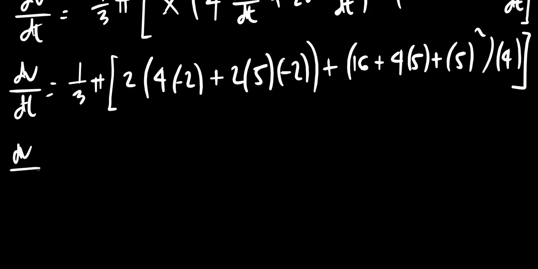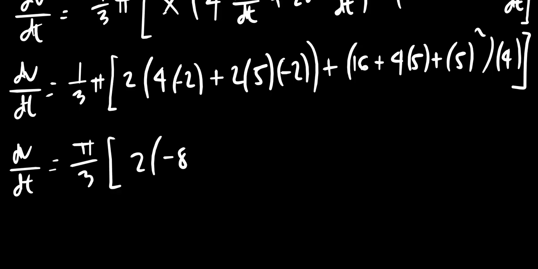So dv over dt is just equals to pi all over 3. So this is 2 multiplied by negative 8, so 2 times 5 is 10, multiplied by 2 is just equals to negative 20, right? Plus 4 multiplied by, so 16 plus 20 is 36.